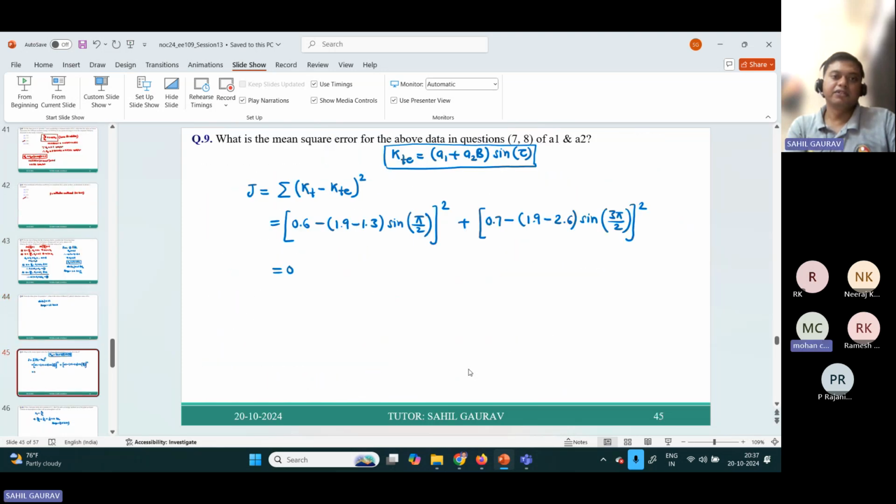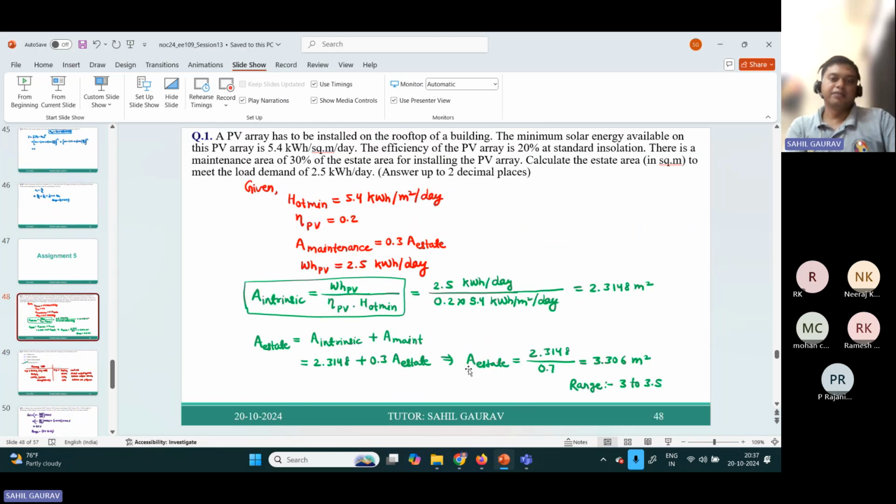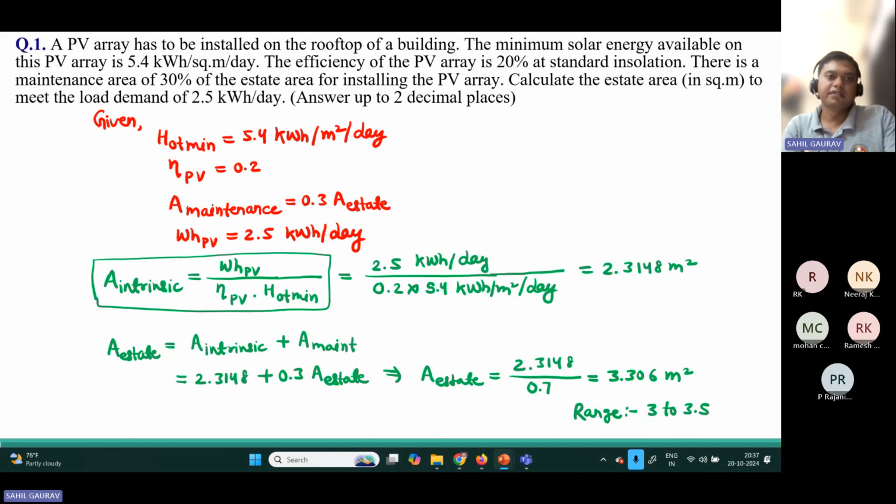So in assignments three and four, some problems are quite lengthy. From assignment 5, a little bit easier part comes. So let us see the first problem from assignment 5. In this part, they have given the energy.